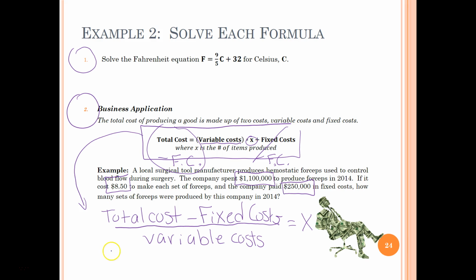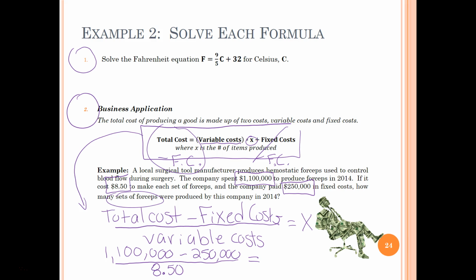So let's plug it in. We have 1,100,000 minus our fixed costs of 250,000 divided by our variable cost of $8.50 per set, and that's going to give us what we're looking for. We're looking for x, the number of sets of forceps produced. All right, so let's do it.